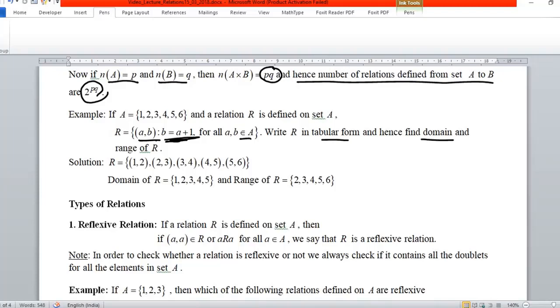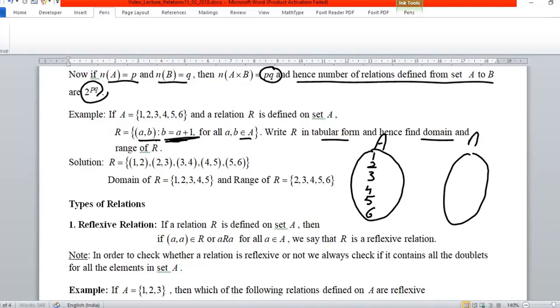Since we are defining the relation from set A to A itself, let us take an arrow diagram. This is set A containing 1, 2, 3, 4, 5 and 6. Again set A containing 1, 2, 3, 4, 5 and 6. Now since our relation says that element b equals a plus 1, if I substitute a equals 1, b is going to be 1 plus 1, that is 2.